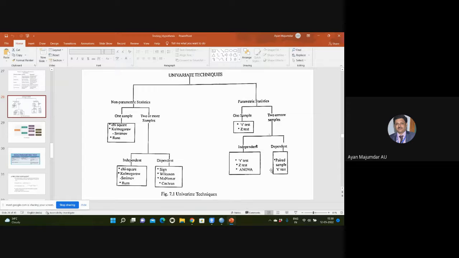We will talk about t-test, z-test, paired t-test, and ANOVA. First, we will see when to apply which test. Once that is decided, we will see how the test is done, and then we will interpret the results.